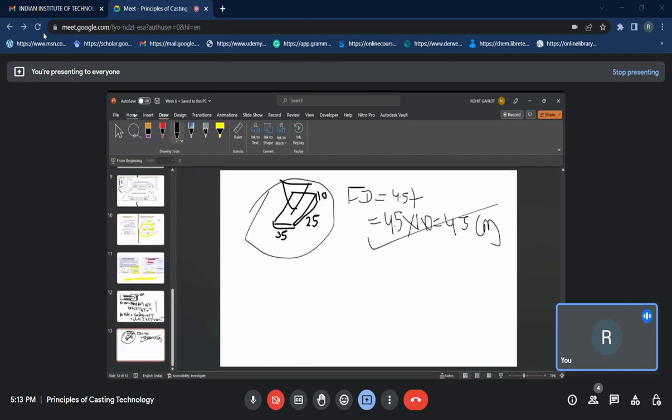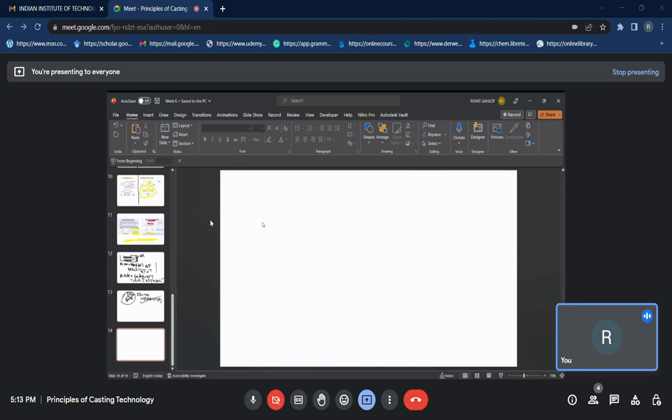Now let's see one more problem. This has dimensions of 100 by 40 by 40. This is a case of a bar, as you can see directly.